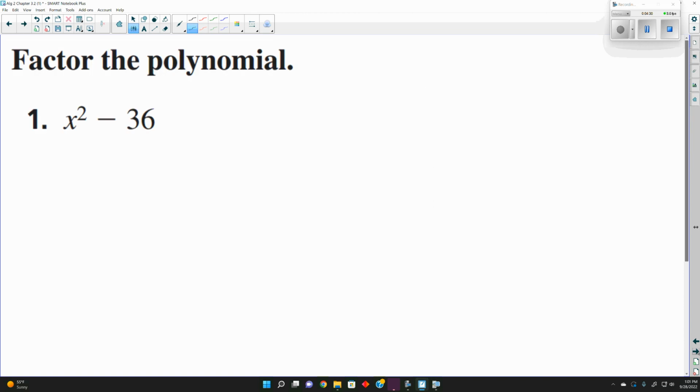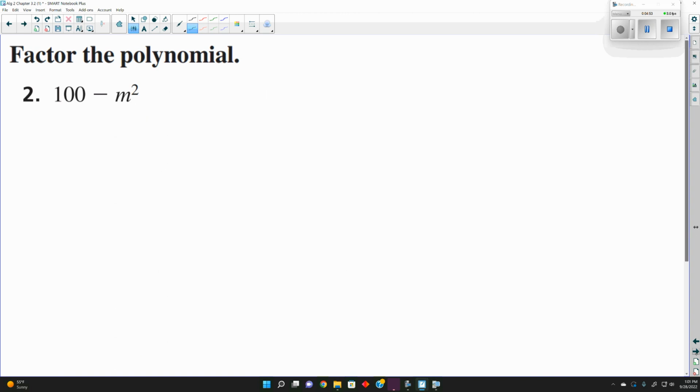So then this would factor to what? And that's what's nice about the difference of perfect squares, is because both terms are perfect squares, and it'll factor this way every single time, whenever it comes in the form of a squared minus b squared.